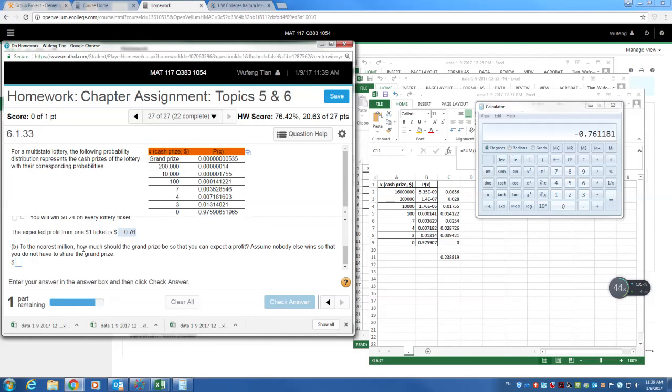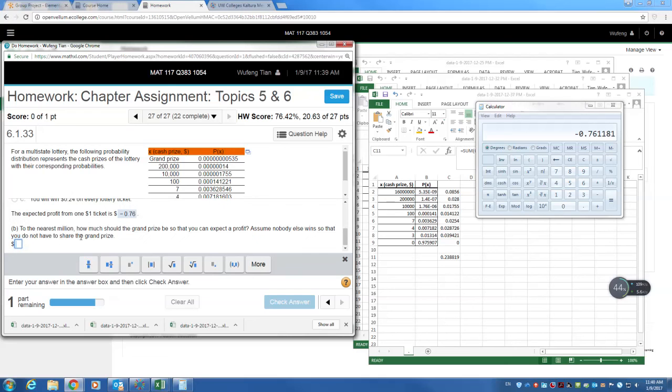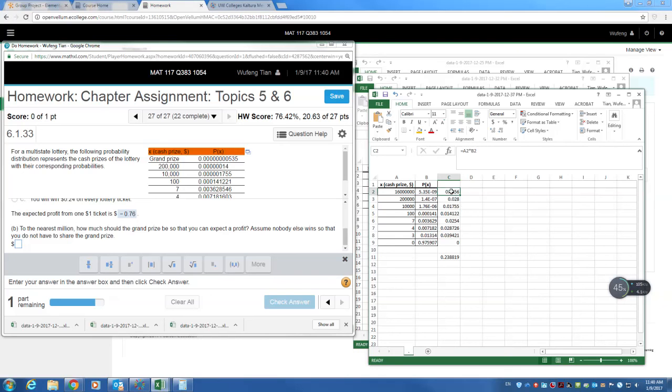To the nearest million, how much should the grand prize be so that you can expect a profit? Assuming nobody else wins, so that you do not have to share the grand prize. Okay, so this one, you got all of this, it's 0.153 because the probability is this.